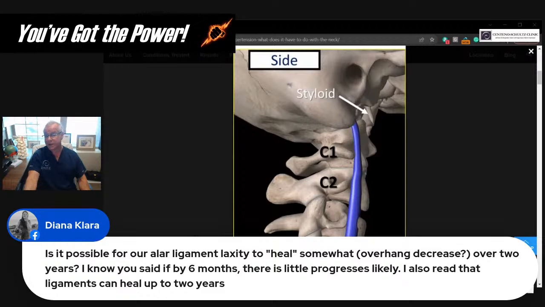In older patients, people in their 50s, that can take up to 9 months. So if we sort of split the difference between those two, not knowing your age, I would say 6 months is pretty safe. 2 years, I think what they might be talking about there is the extensive remodeling that might occur over time. But as far as getting to the point where we have a functional ligament, in young people, that's about 3 months, and middle-aged people about 6 months, and in older people about 9 months, based on the research that we've seen.